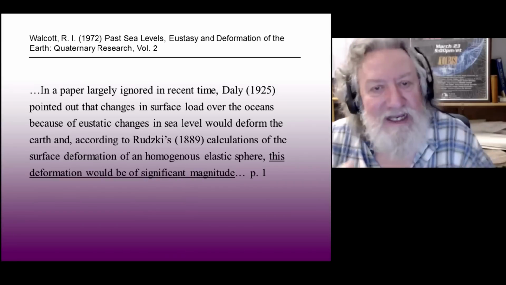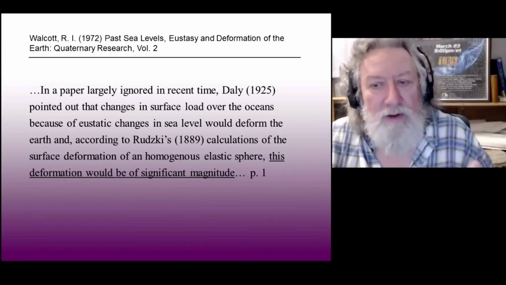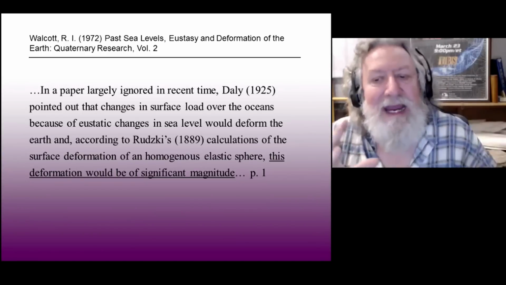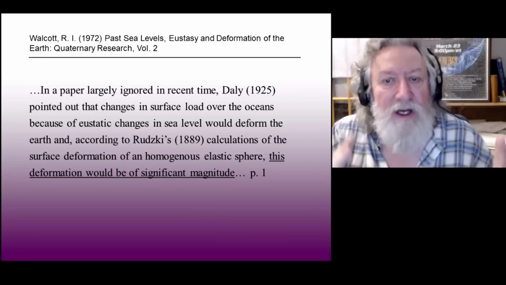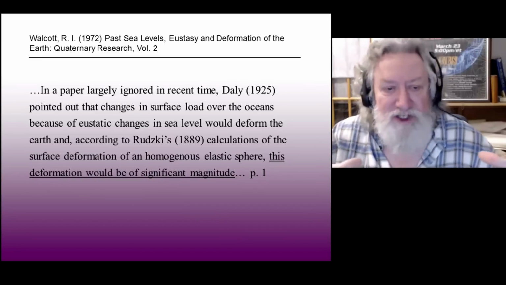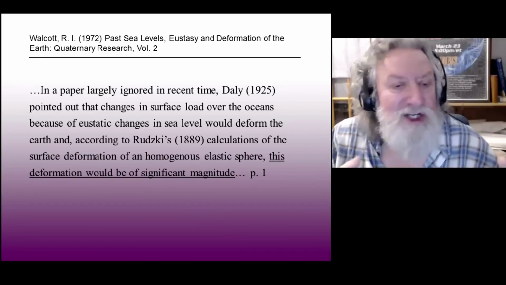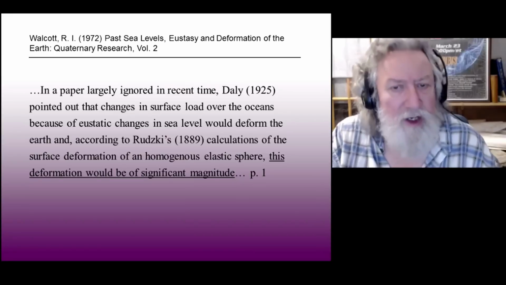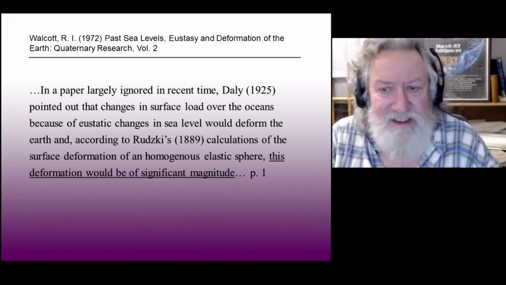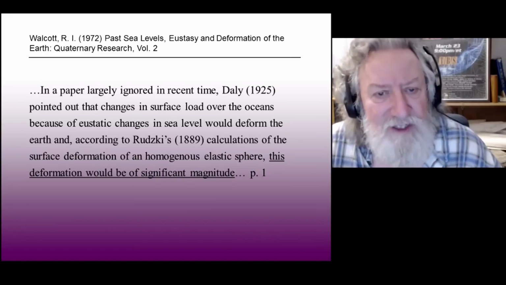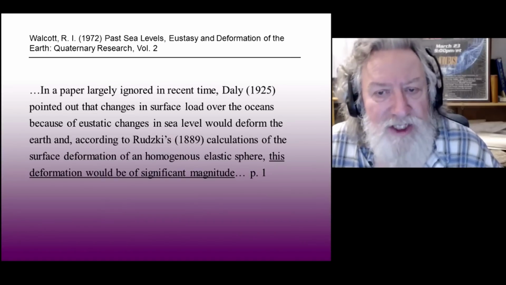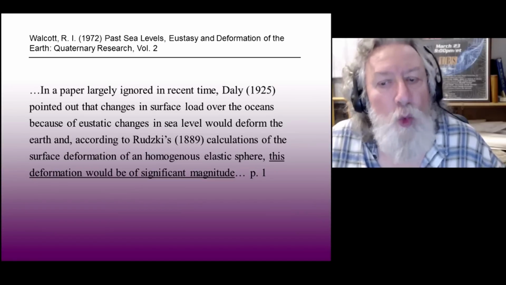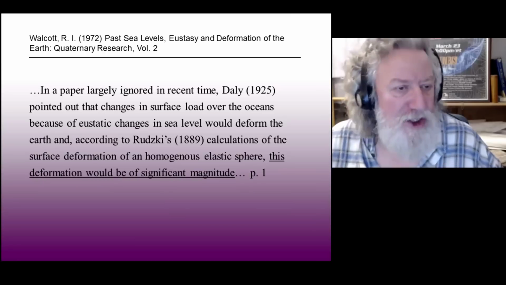Homogeneous simply means this is a theoretical sphere, the size of the Earth, that is the same density and consistency throughout. Elastic means that it can move and respond, that it's not so rigid that it resists changing shape because of the surface loading and unloading. So it sounds complicated, but it's not. His calculation showed that the deformation would be of significant magnitude.